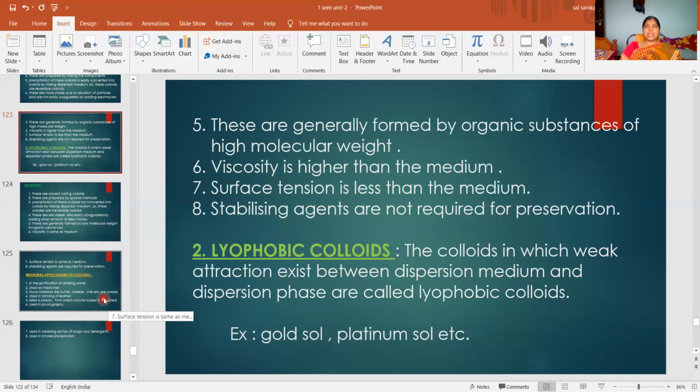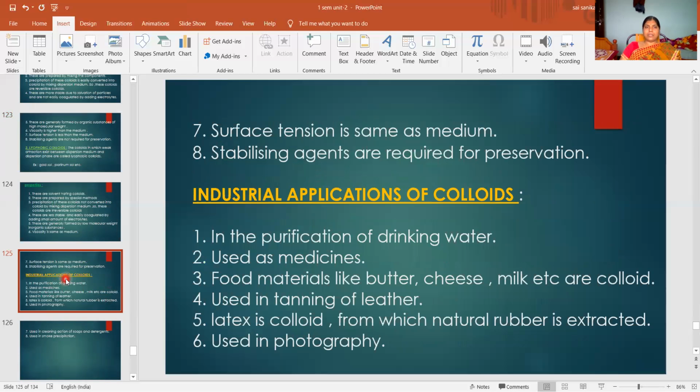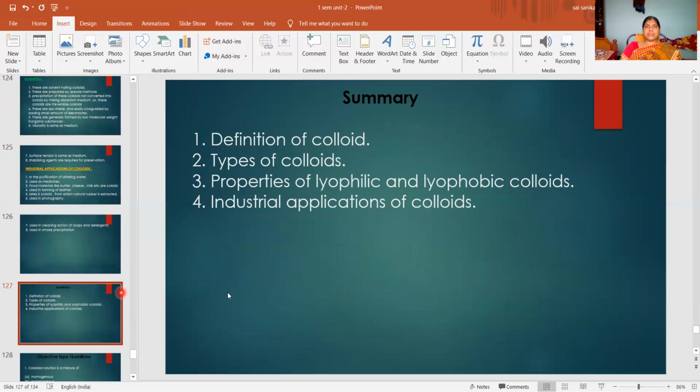Then industrial applications of colloids. Next, the summary. In this period we have discussed the definition of colloid, types of colloids, properties of lyophilic and lyophobic colloids, and industrial applications of colloids.